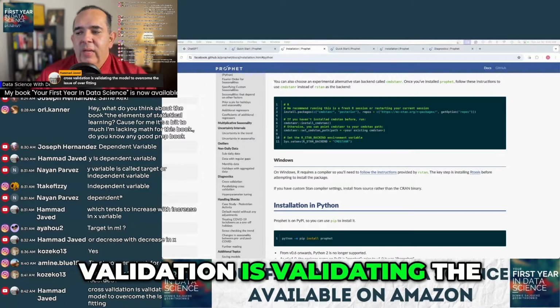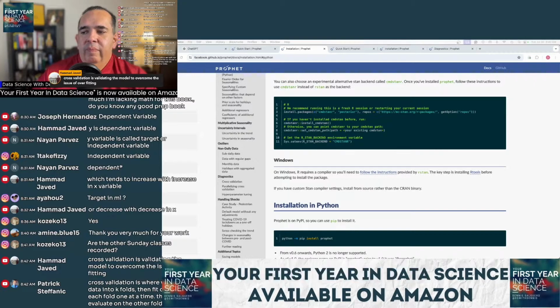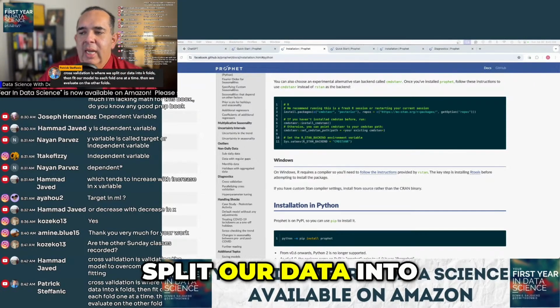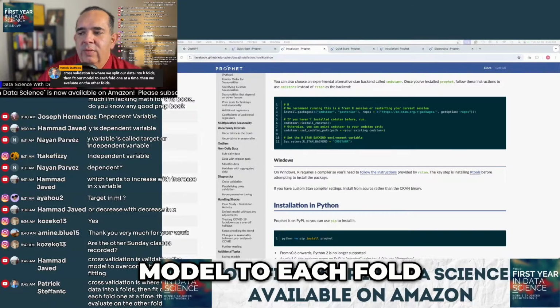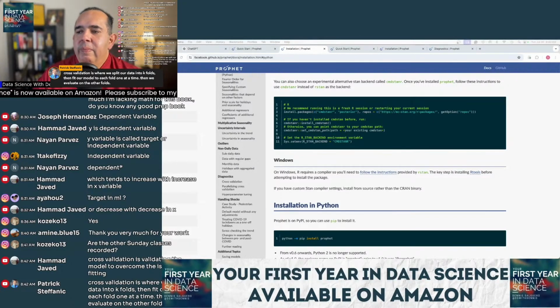Hamad says cross-validation is validating the model to overcome the issue of overfitting. Patrick says cross-validation is where we split our data into K folds and fit our model to each fold at one time. Then we evaluate on the other folds.